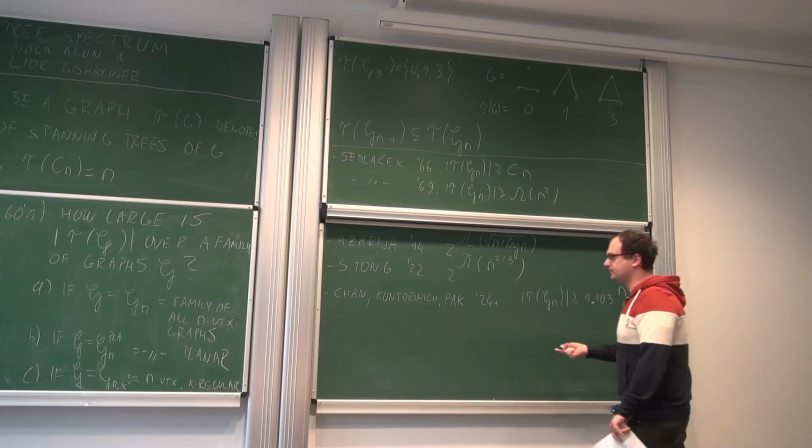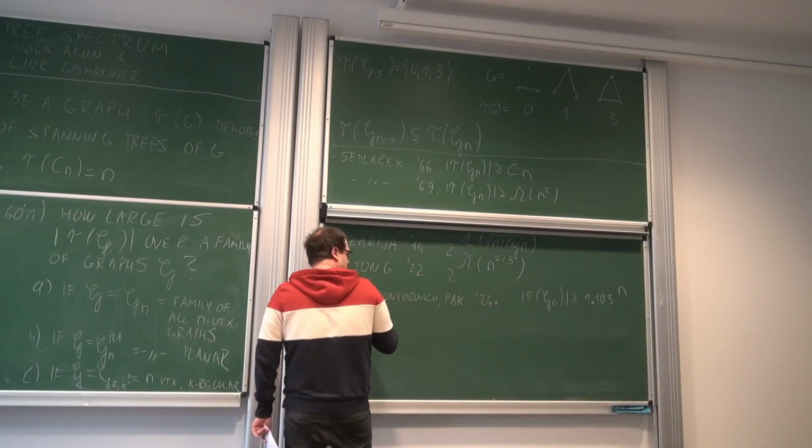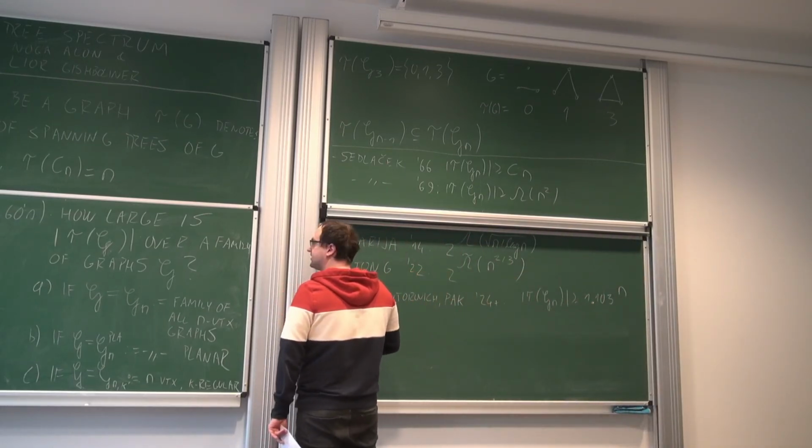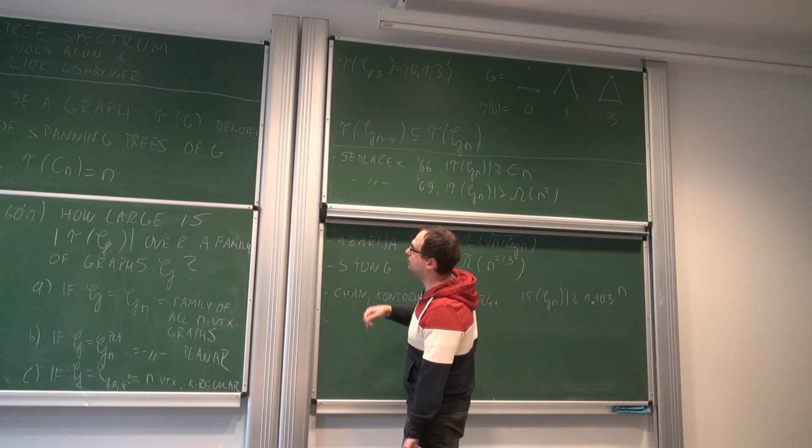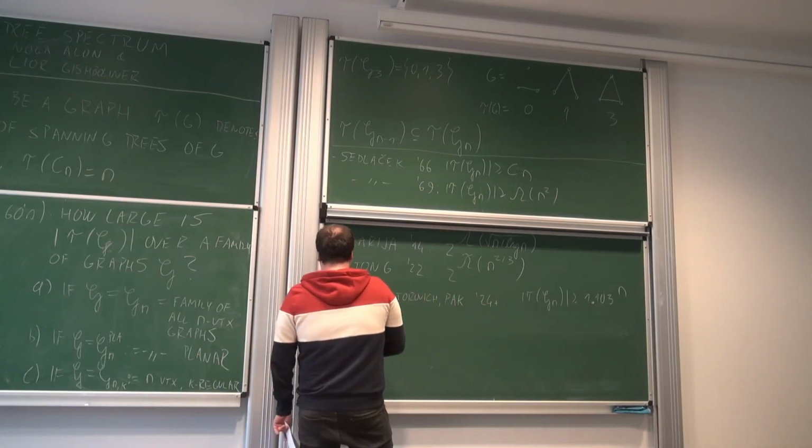So what I want to mention today, first of a few results that I want to mention today. I wrote it there, but I didn't say it yet, this is joint work with Noga Alon and Bolinar.